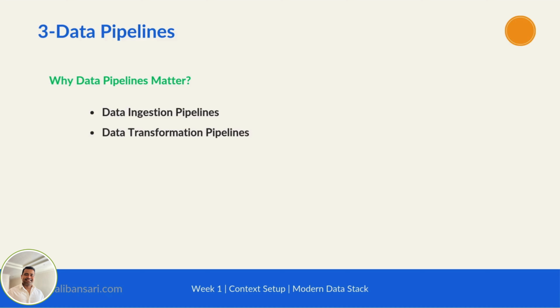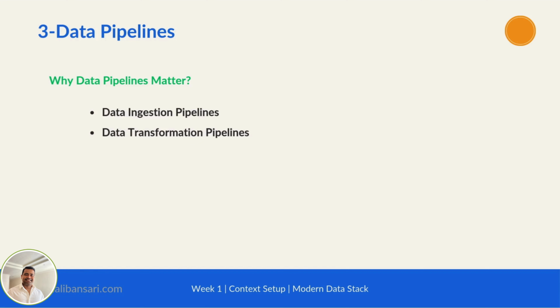So, why do data pipelines matter? Mainly there are two types of data pipelines: data ingestion pipelines and data transformation pipelines. Data ingestion pipelines focus on collecting raw data from various sources and bringing it into a centralized system like a data lake.